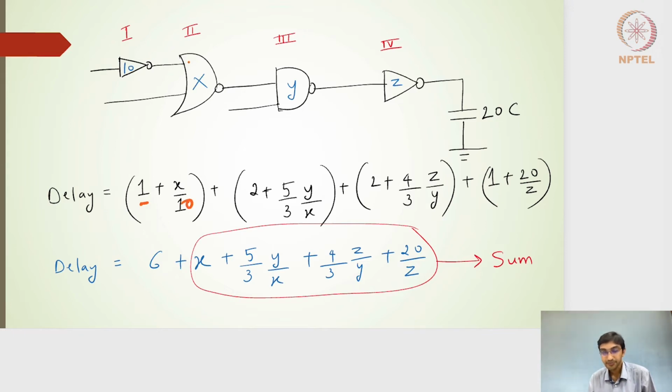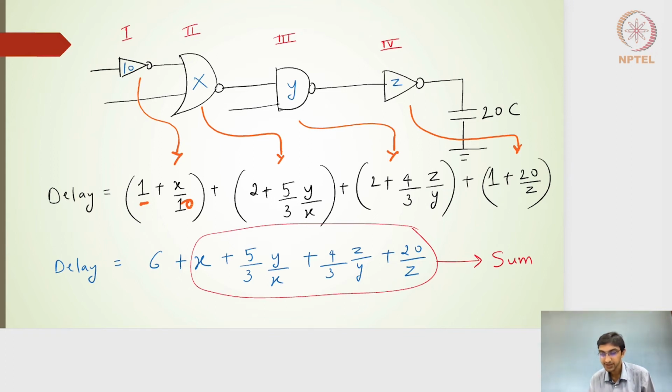Plus the P value is nothing but 2 here, plus G will be 5 by 3 into Y by X. And then this will be nothing but 2 for the third stage. It will be 2. This is the second stage, and then this is the first stage. So it will be 2 plus G, which will be 4 by 3 multiplied by Z by Y, plus 1 plus 20 by Z. So that's what we have.